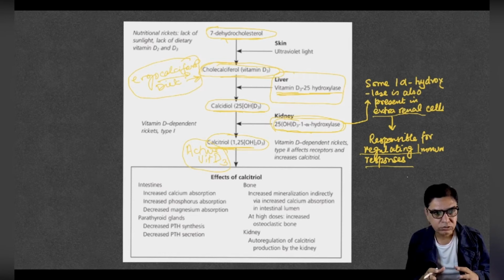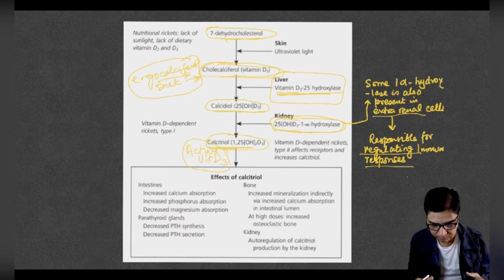Because to survive COVID-19, you need to have a very good immune response, and research has shown that people who had vitamin D deficiency were many times more likely to die of COVID-19. Vitamin D deficiency is not only responsible for keeping your bones healthy, but at the same time, the extrarenal production of this enzyme, which produces active vitamin D3 in the peripheral organs, is responsible for regulating your immune response as well.